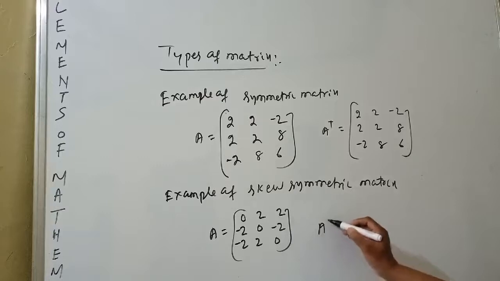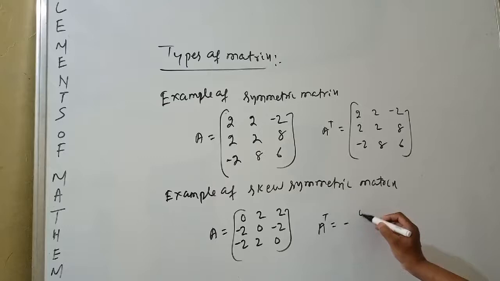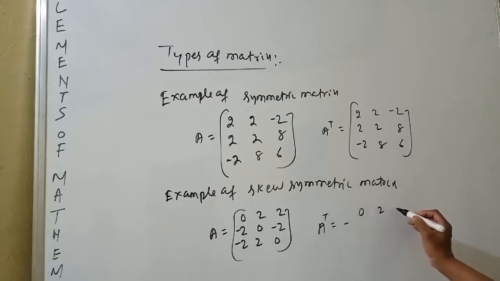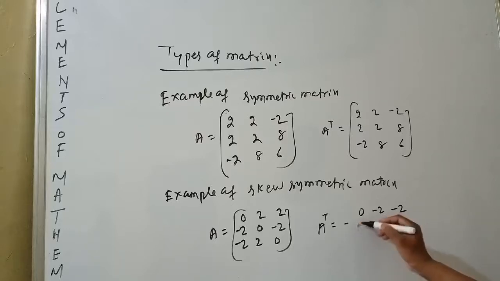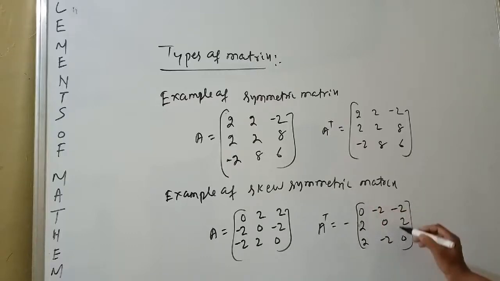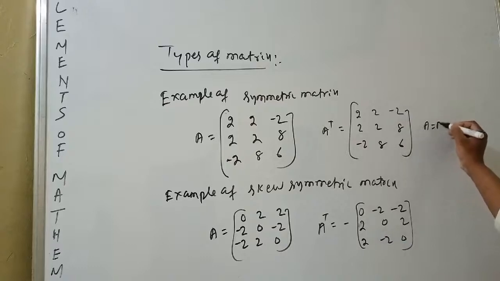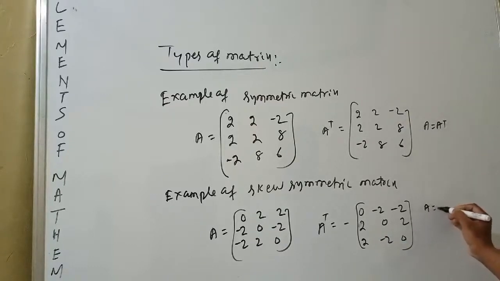Suppose you find A transpose, you get 0 minus 2 2, 2 0 minus 2, minus 2 2 0. Here A is equal to A transpose, and here A is equal to minus A transpose. This is your skew symmetric, this is your symmetric.